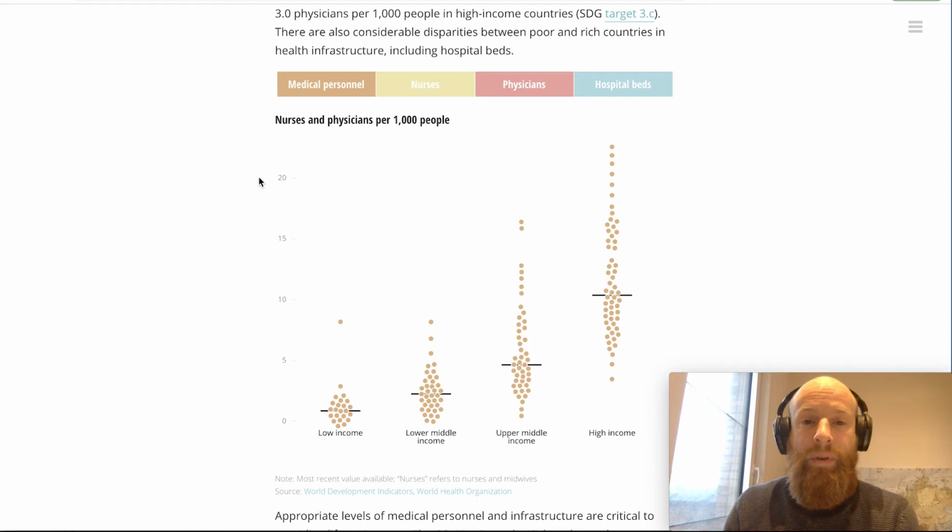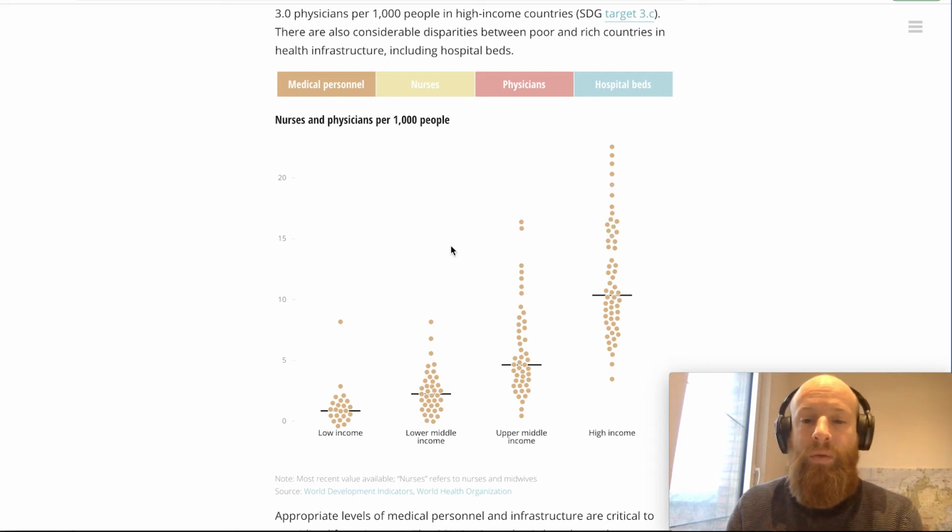The visualization at this point is showing you the number of nurses and physicians per 1,000 people, and each dot on this chart is a country. So you can use your mouse to hover over the dots to identify each country and to see how much medical personnel each country has.